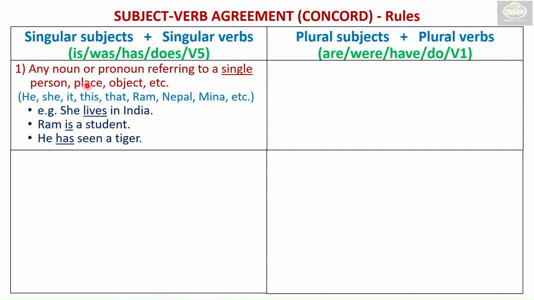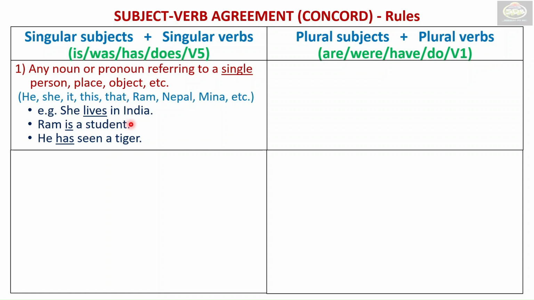Any noun or pronoun that refers to a single person or one place, one object, anyone: he, she, it, this, that, Ram, Nepal, Meena, etc. These all subjects denote one or single person, single thing, etc. And we have to use these type of singular verbs with such subjects.